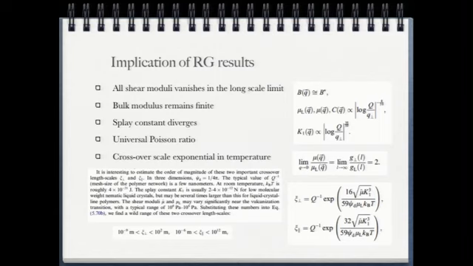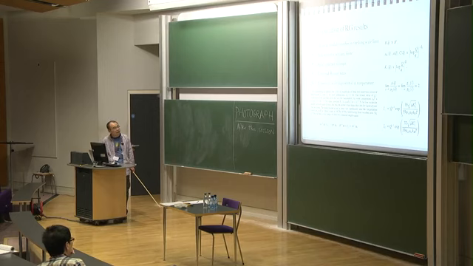We also calculate the crossover length scale, which depends exponentially on temperature, so the possible range of this scale is huge. We have not much to say about whether they are experimentally measurable or not. It depends on the concrete systems, I think.